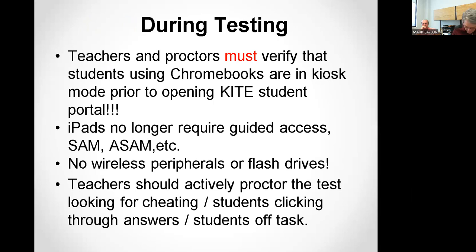All right, during testing, proctors and teachers should verify students are using Chromebooks in kiosk mode prior to opening the Kite student portal. iPads no longer require guided access. There should be no wireless peripherals or flash drives in the testing area. And teachers should actively proctor the test, looking for students who are cheating, clicking through answers, or are off task.